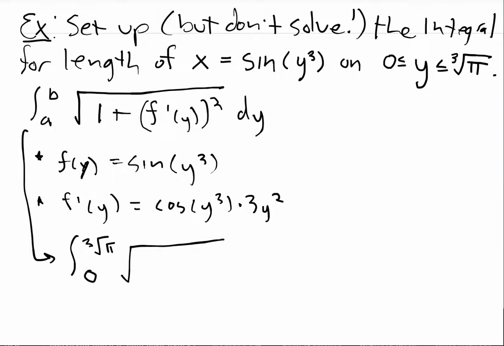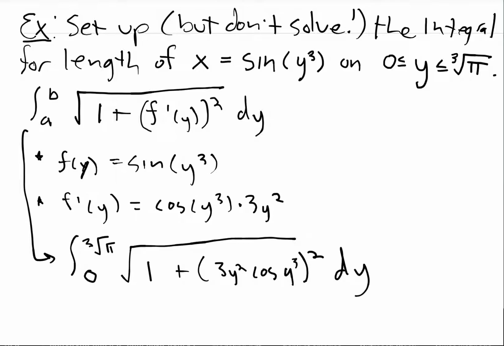I still have to plug in my derivative. This is 3y squared cosine y cubed. I still have to square that derivative. Just make sure that your stuff is written in terms of y's. Now for the sake of this problem, this one's a little bit too messy for us to actually try to handle. This is why I asked you to not solve it, but do note the formula works about the same.